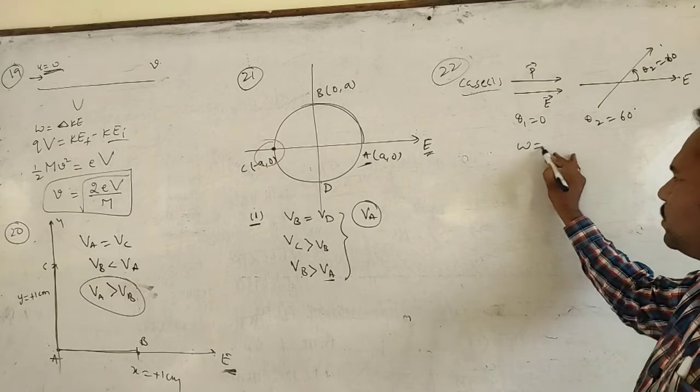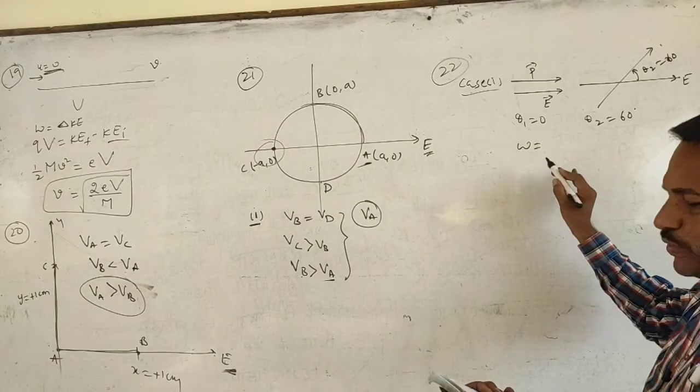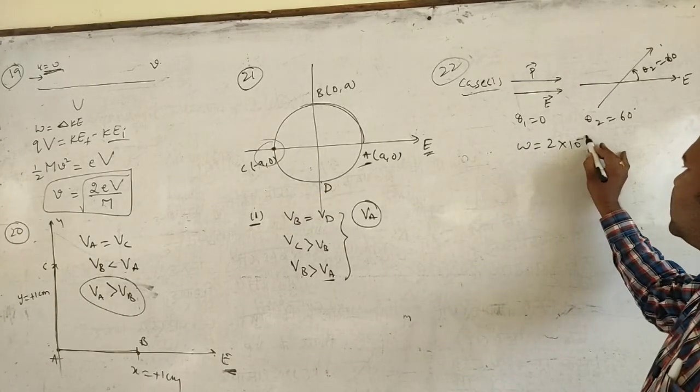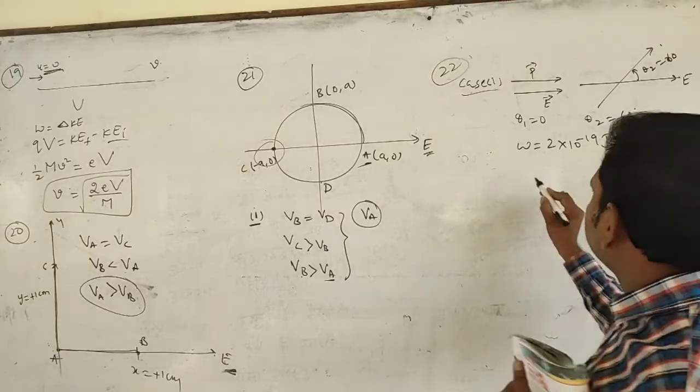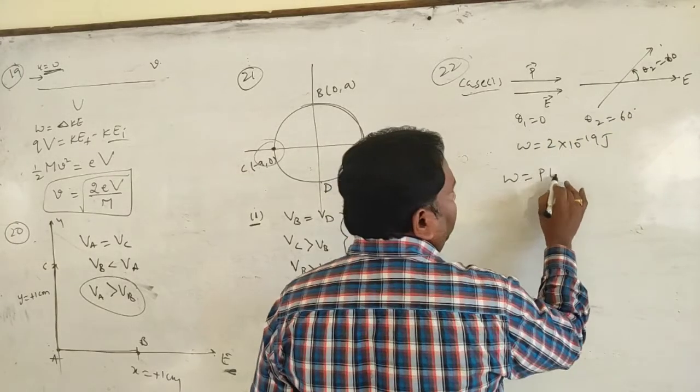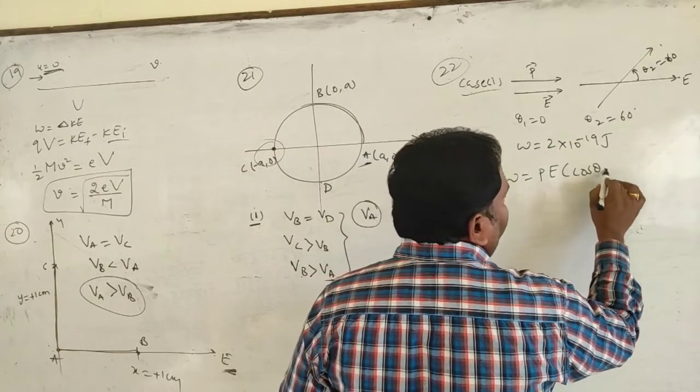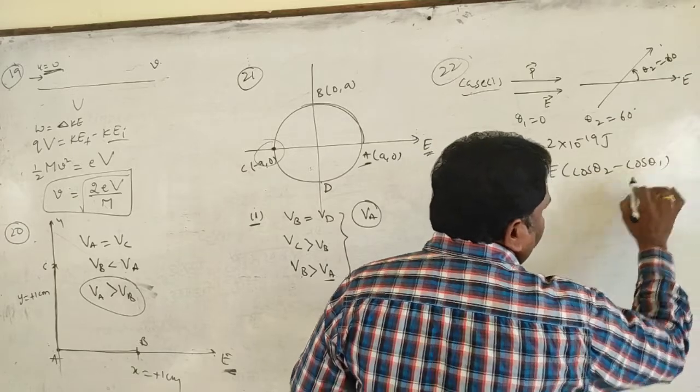Work done W is equal to 2 into 10 power minus 19 joules. So W is equal to P into cos theta 1 minus cos theta 2.